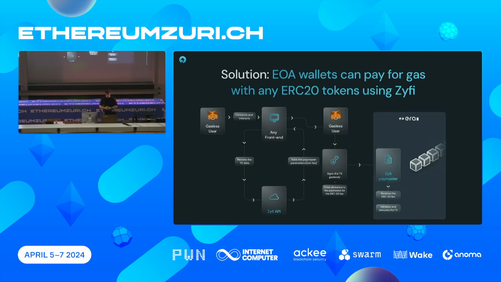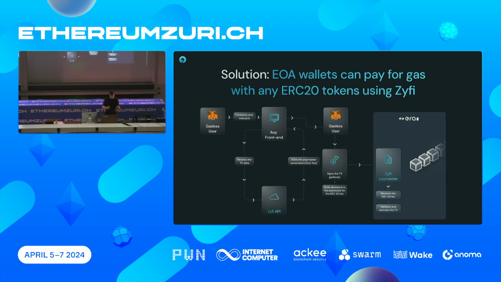I'm going to show you how. Let's say you're a gasless user wanting to interact with a DEX. The front end will ask for a new quote from the zkSync API. Basically, it's going to build a new paymaster transaction. The calldata is not changed, but the API will, for example, fetch the token balances of the user. Let's say the user chooses to pay gas with USDC.